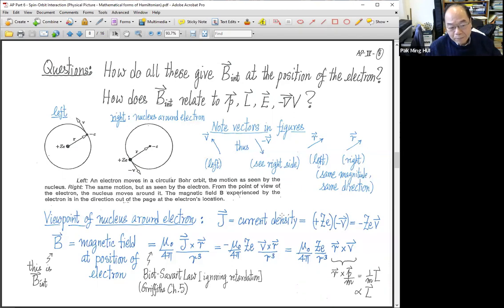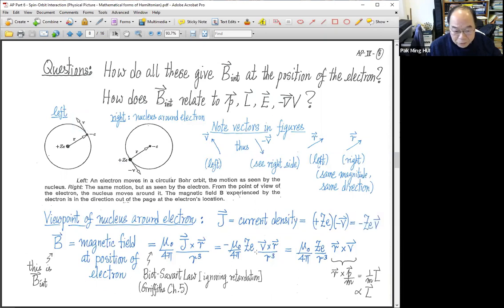Now, from the viewpoint that the electron is sitting here and the nucleus is circulating around, there is a current density J. From E and M, J is the charge times the velocity. So it is Ze times minus v, because we defined v as that of the electron here, okay?